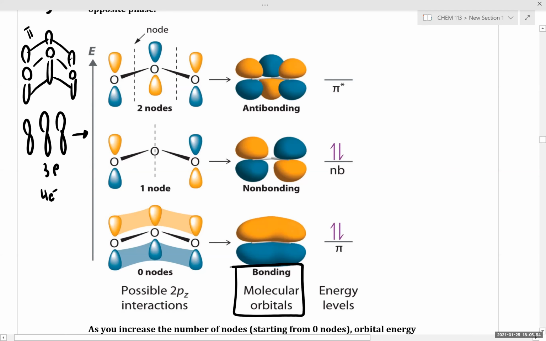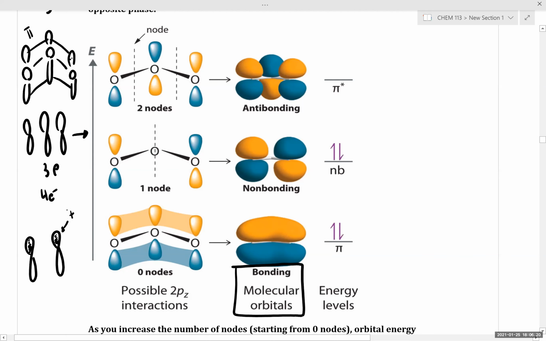To help us understand what's going on with this bonding molecular orbital, let's discuss what exactly is occurring with these p orbitals. P orbitals are phased. So it would be proper to show one lobe of the p orbital shaded in.